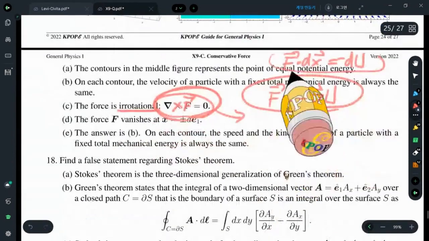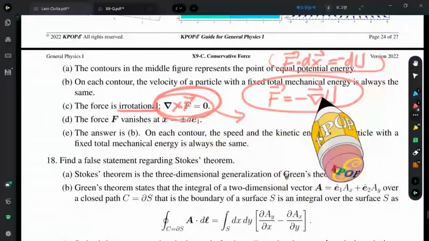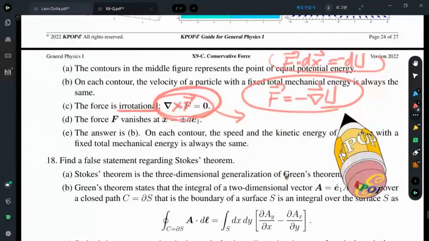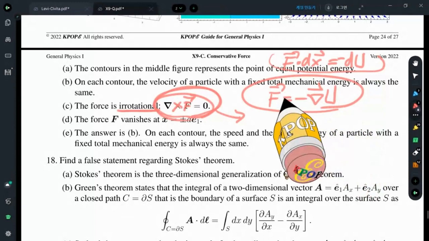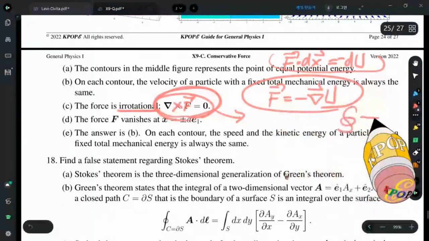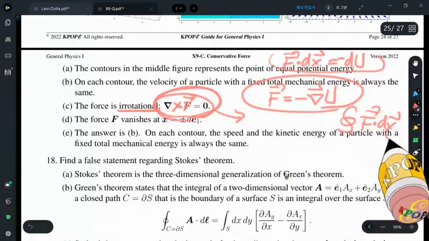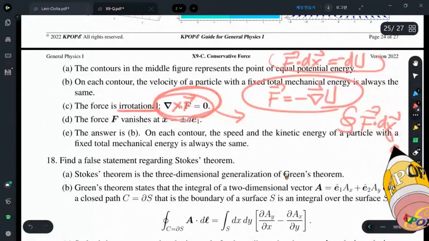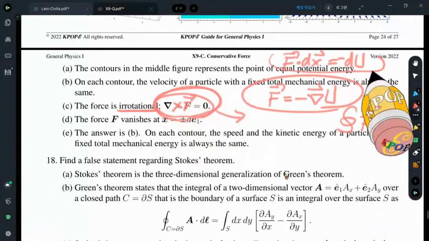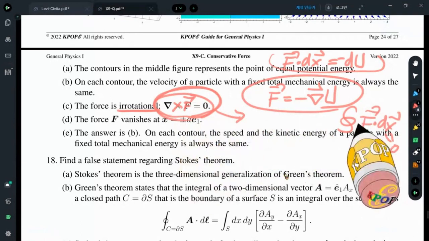And if force is expressed in terms of potential energy as a minus gradient of potential energy, then force is conservative. The integral of F dot dx along a closed path is always 0. Every statement is equivalent.